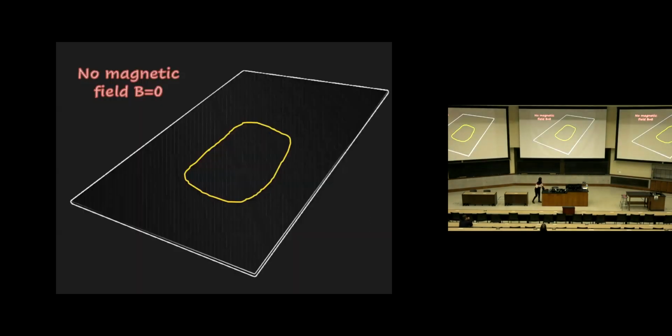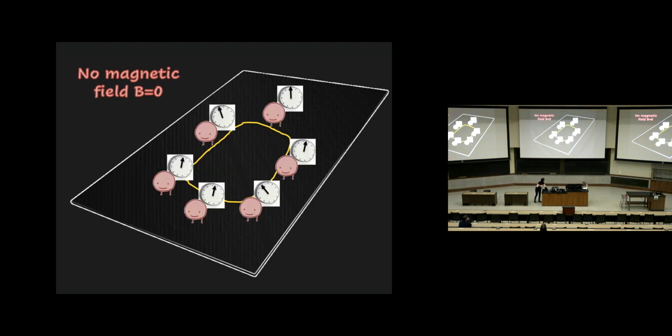Now, let's focus on this dual space, okay? And then let's first look at the simple case where there is no magnetic field. Now, I have a bunch of electrons living in this space, but we only care about the ones around this loop. And let's focus on in which direction the hand of the clock is pointing.